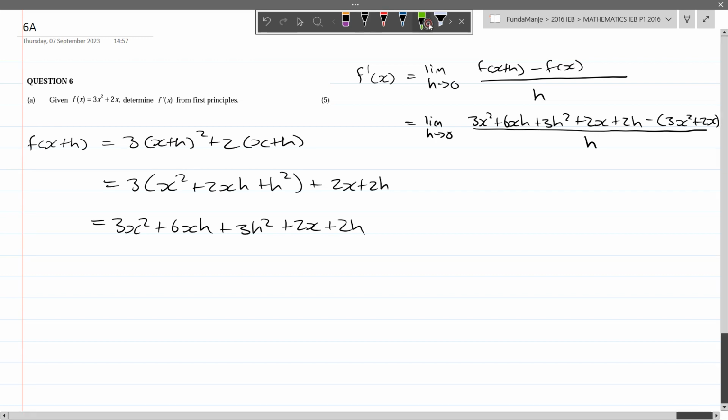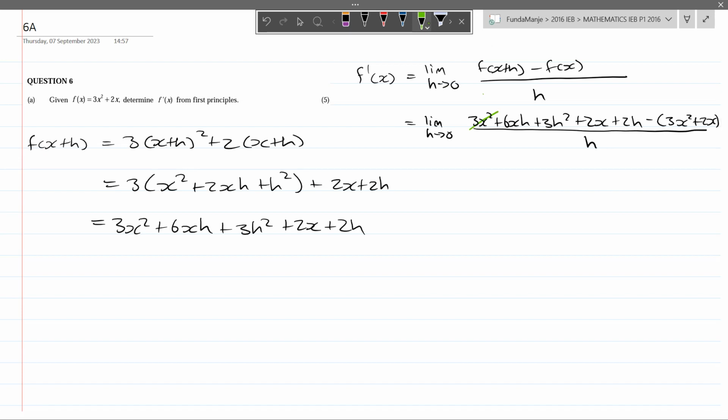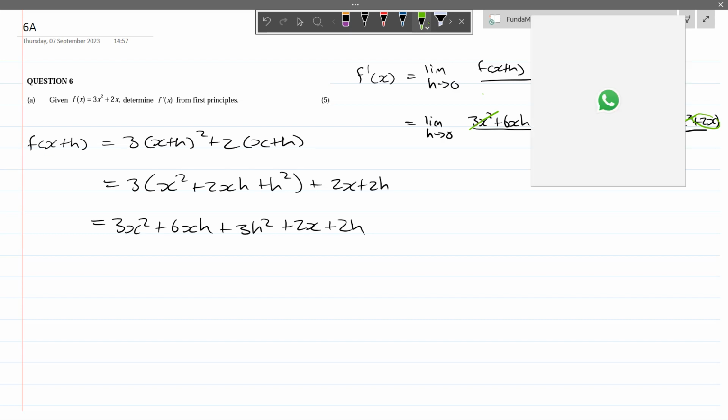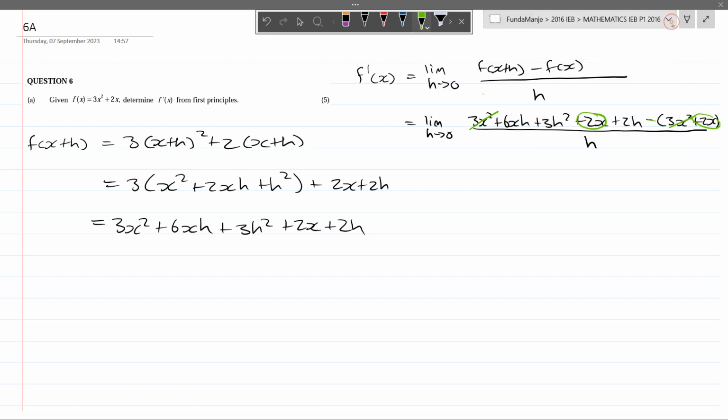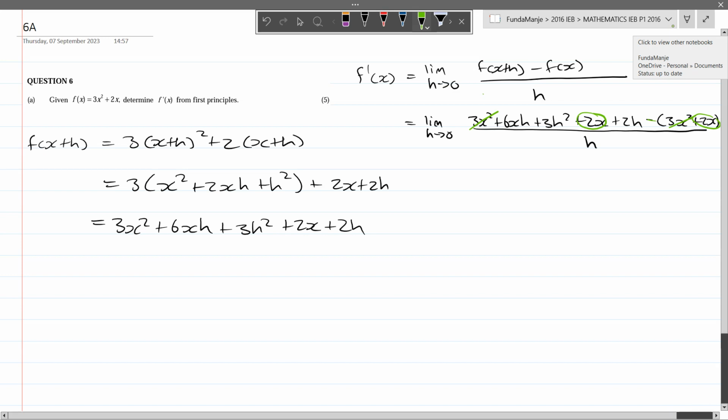From this we can easily remove the things that can cancel out. So over here we have a 3x squared that's positive. Here we have a minus affecting this 3x squared, which is positive but becomes negative, and they cancel out. Then we have this 2x over here, and this minus 2x over here, and these will basically cancel out.